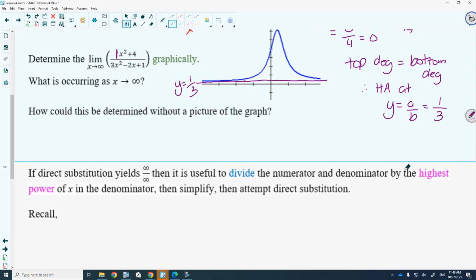How we're going to show this algebraically is we're going to divide everything by the highest power of x in the denominator.